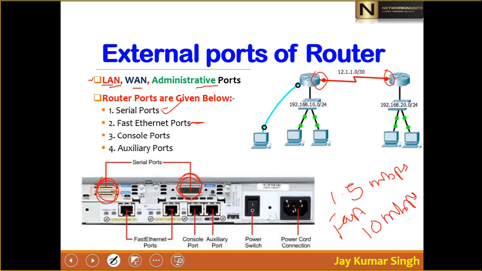We have a list of all this, I'll show you. Now we are understanding what is the use of a serial port. Serial ports are used for connecting routers to routers only. But Fast Ethernet can connect router to switch, switch to PC, and router to router also.